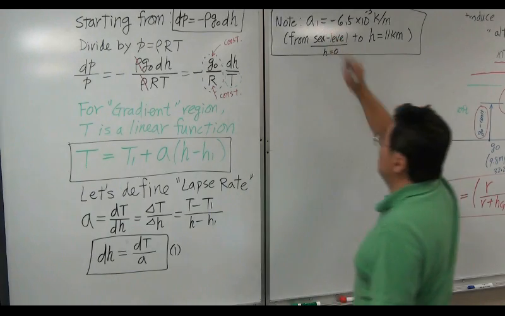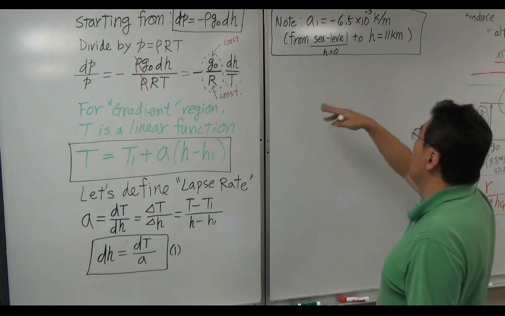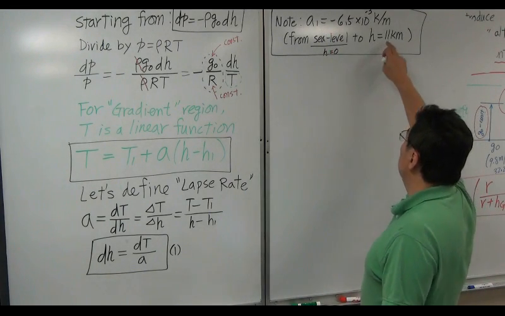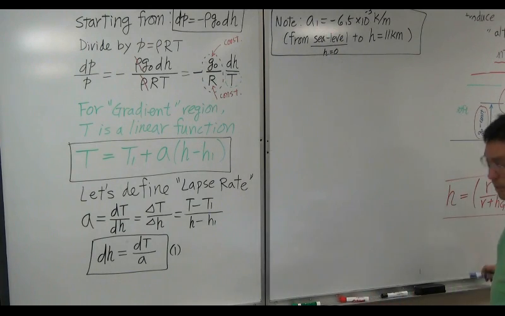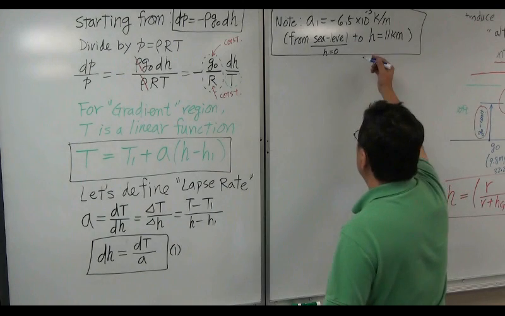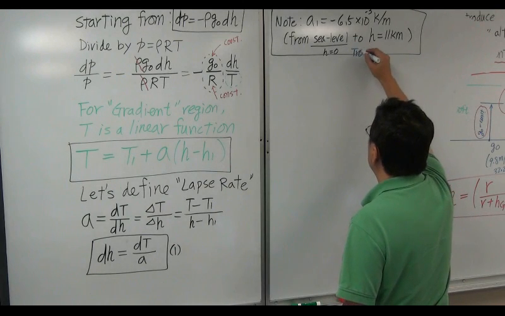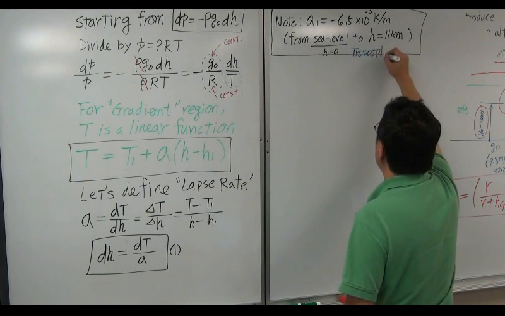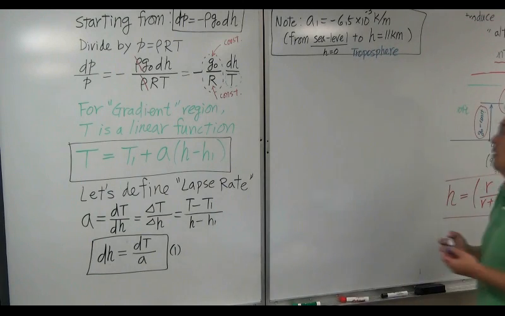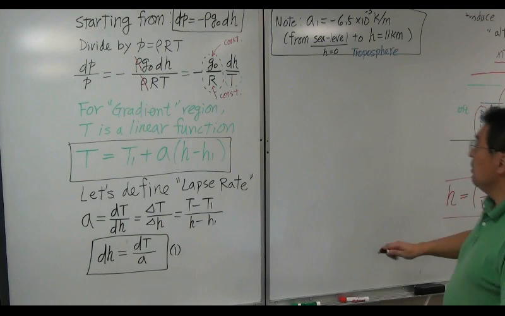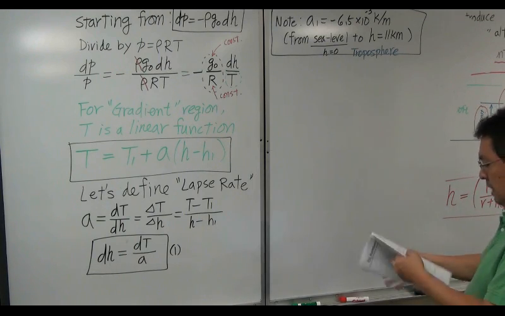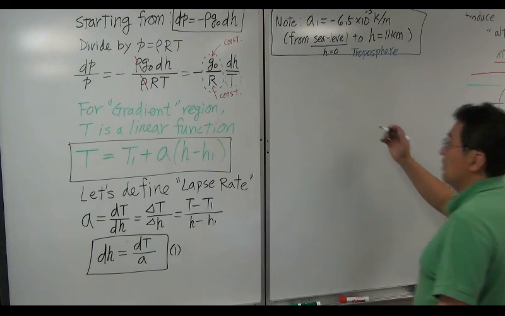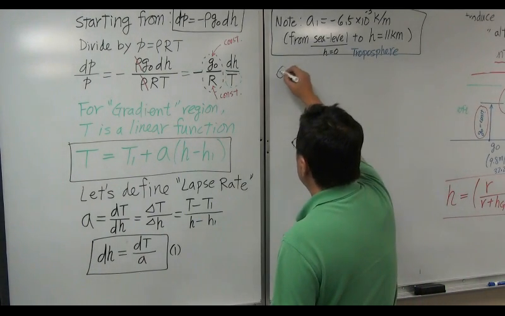So this lapse rate A depends on where you are. From sea level to 11 kilometers, this is called the troposphere. This is a constant value of lapse rate. So this really tells you that as you increase the altitude, the temperature decreases linearly. All right. So let's just come up with the gradient region equation.